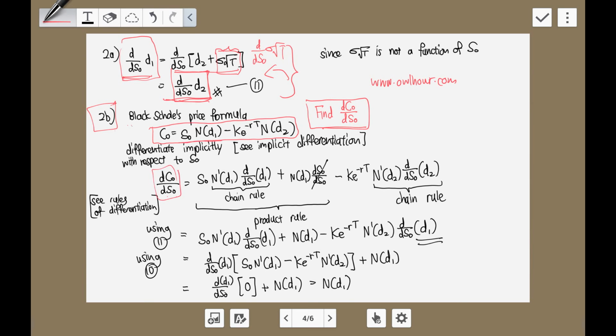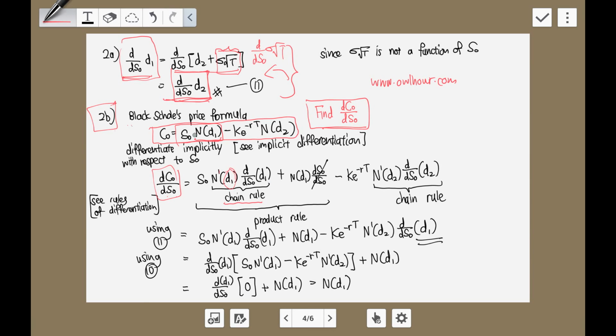When we differentiate this term, we use the chain rule. You can Google the chain rule if you want to find out what it is. Basically I differentiate the function N prime, keeping the input inside, and then differentiate whatever is inside the bracket with respect to S0.